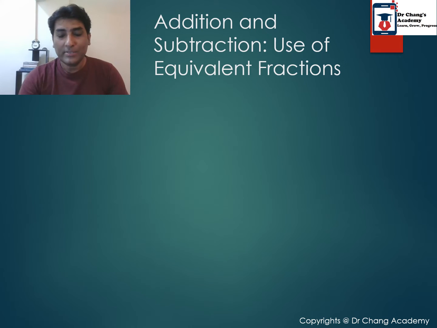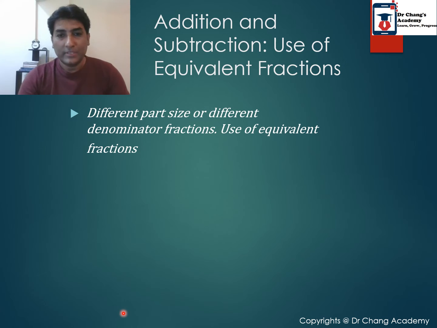Okay, let's look at some more problems where the denominator is different, or part size is different. So let's look at this example, 3/8 plus 3/4. Now these are fourths and these are eighths, so the part size is different. But we can change 3/4 into 6/8.